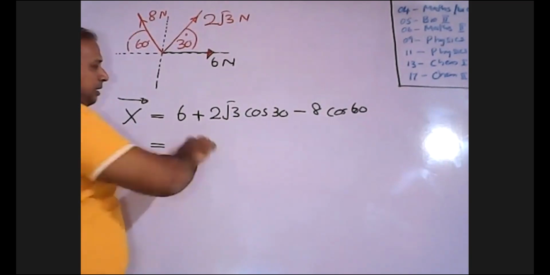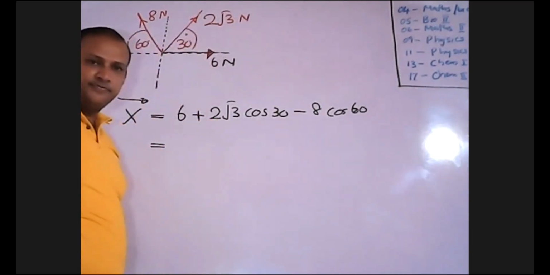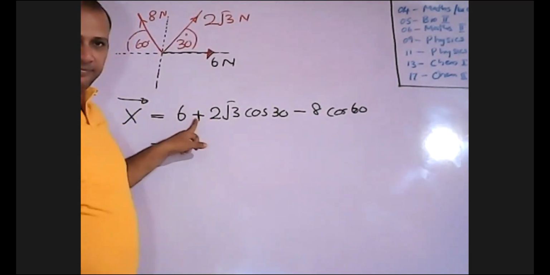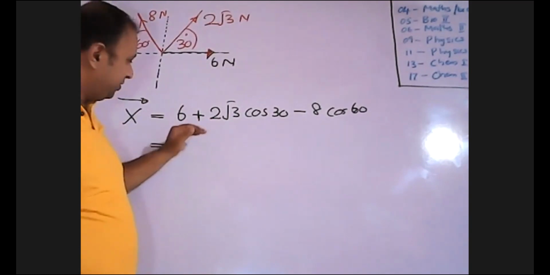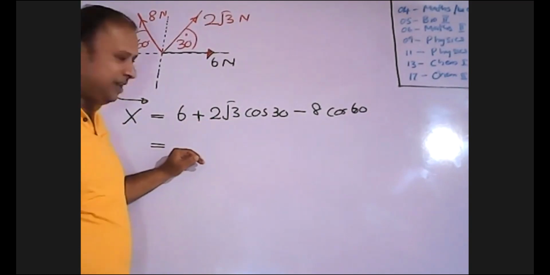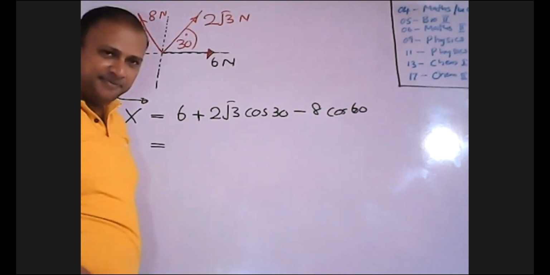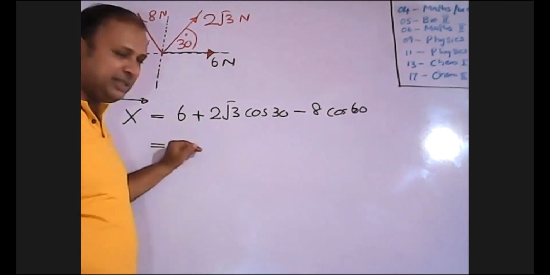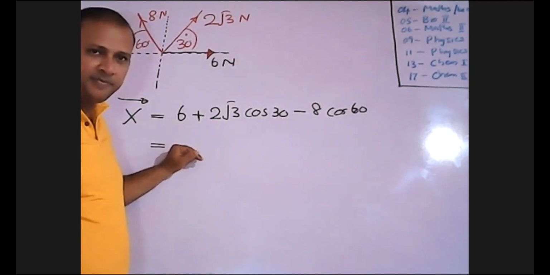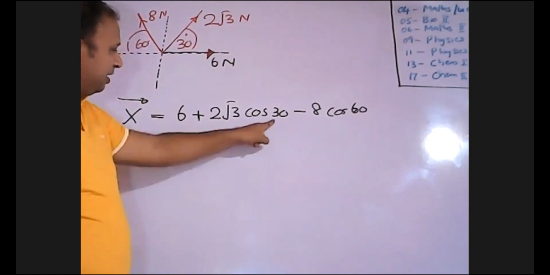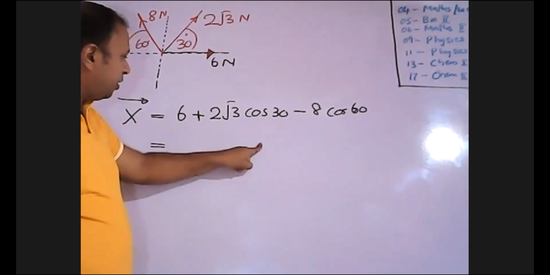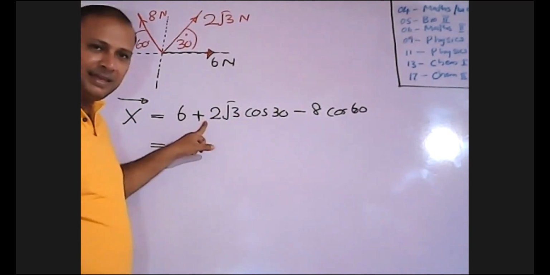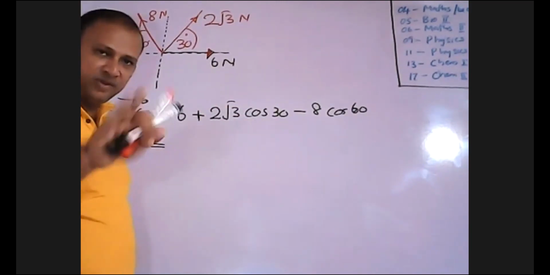Okay. Now you can simplify this one at once. How to do that? Don't write any single step here. Take the answer. Root 3 over 2. Root 3 over 2 means 2 and 2 will be cancelled out. Root 3 into root 3 is 3.